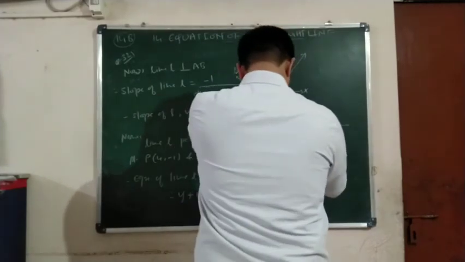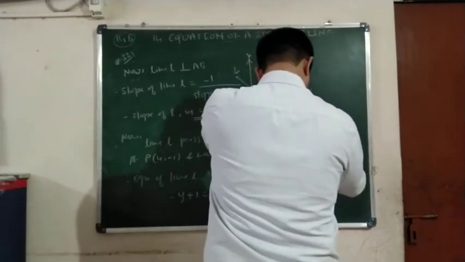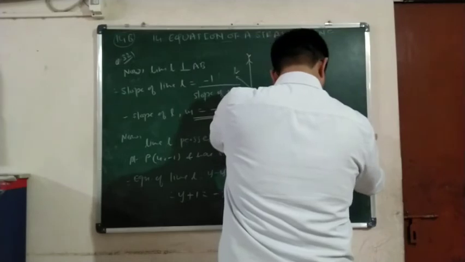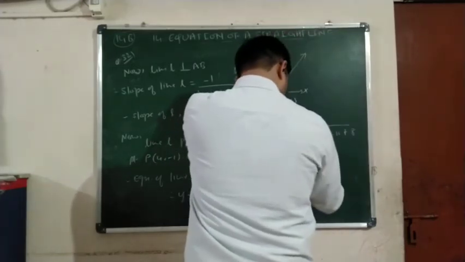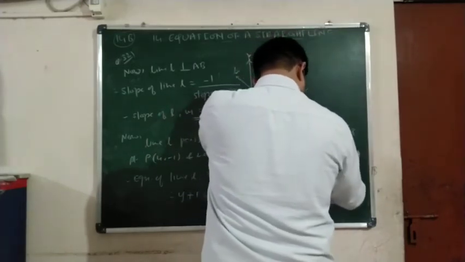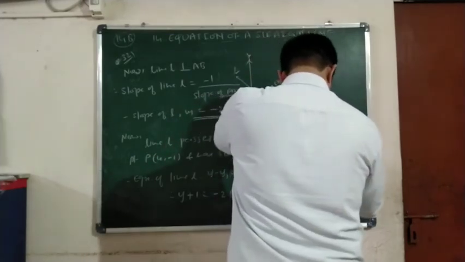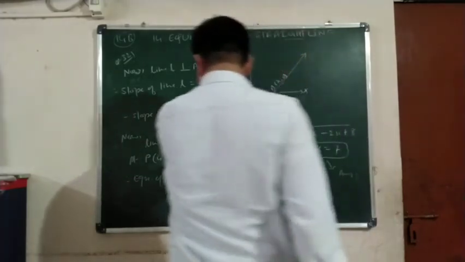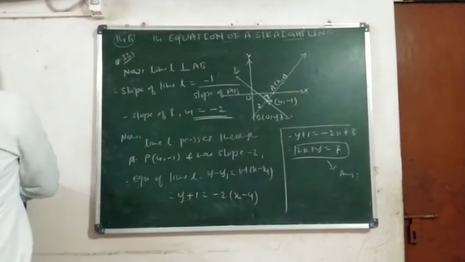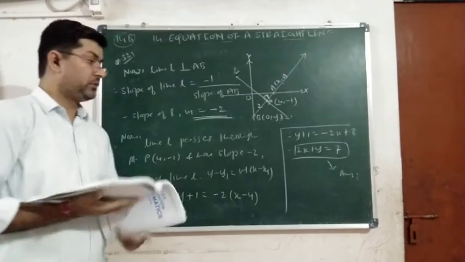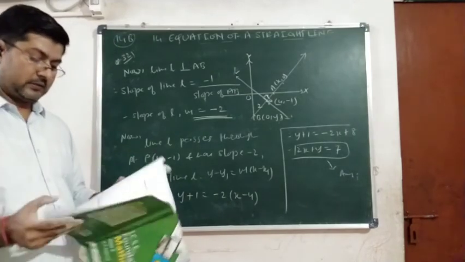Therefore y plus 1 is equal to minus 2x plus 8, so 2x plus y equals 7. So this is the required equation of line L. Answer is 2x plus y equals 7.